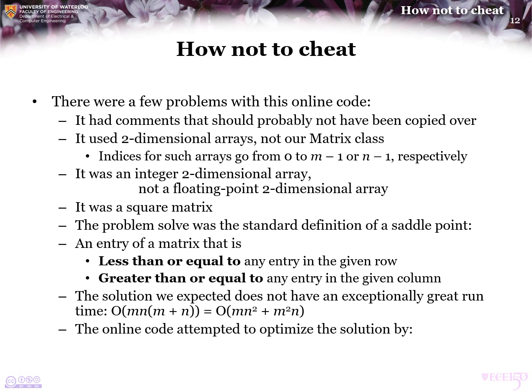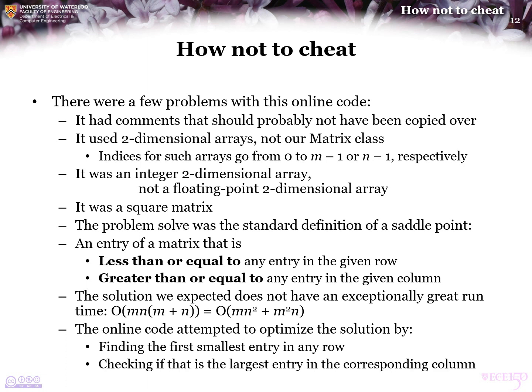However, the online code actually attempted to optimize the solution by first finding the smallest entry in a given row, and then checking if it is the largest entry in the corresponding column.